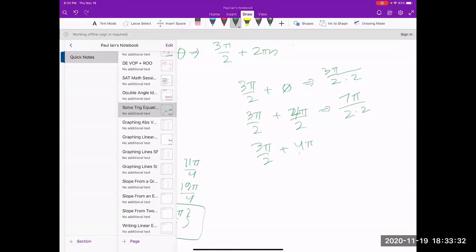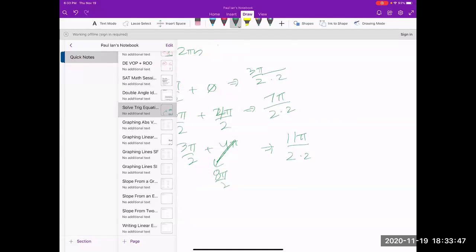And then I see what you're saying. This one is going to be 8 pi over 2, so that's going to be 11 pi over 2 times 2. The sine is the one that you're trying to get, not the one you divide by 2. Okay. So you got 3 pi over 4, 7 pi over 4, and then 11 pi over 4.